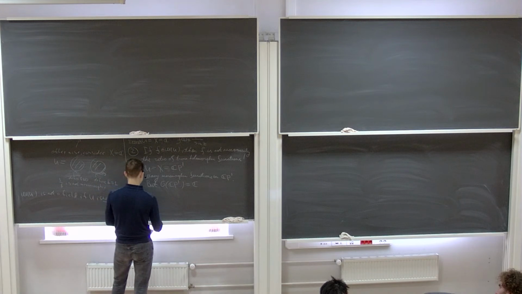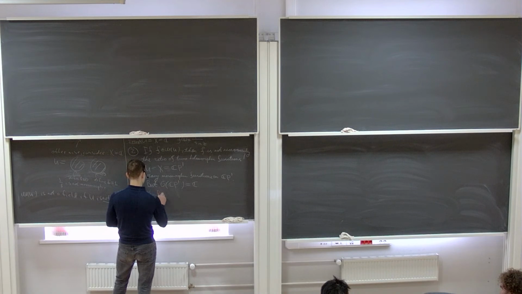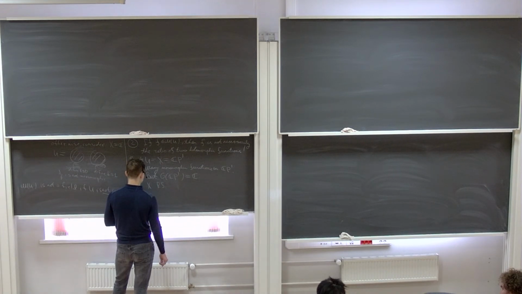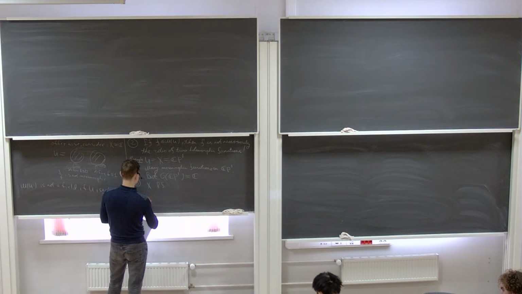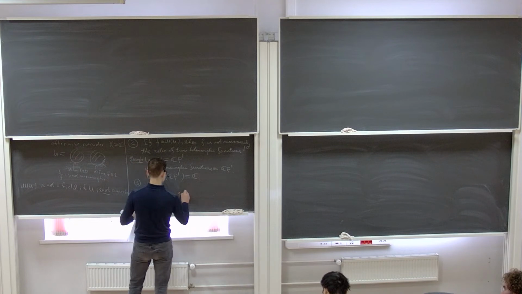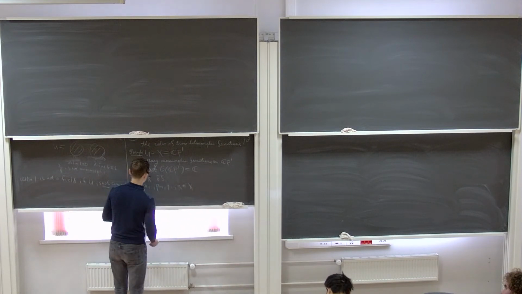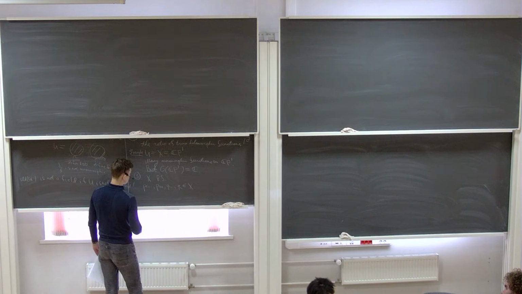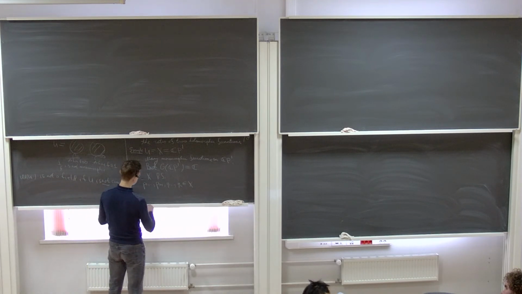Suppose X is a Riemann surface, and suppose we have some points p1, ..., pm and q1, ..., qn, and suppose we assign some multiplicities to these points.